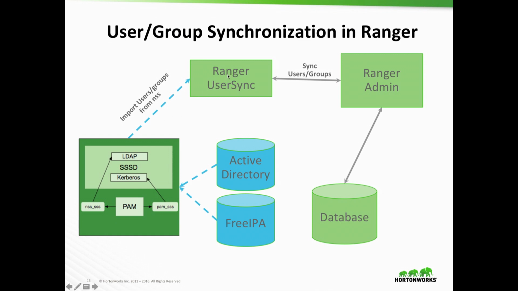And Ranger user sync contacts SSSD and imports the users and groups from NSS, like using getent passwd or getent group, and then updates Ranger admin periodically with the changes, and then Ranger admin finally writes it into the database. These user and group information can be used for configuring the policies later.